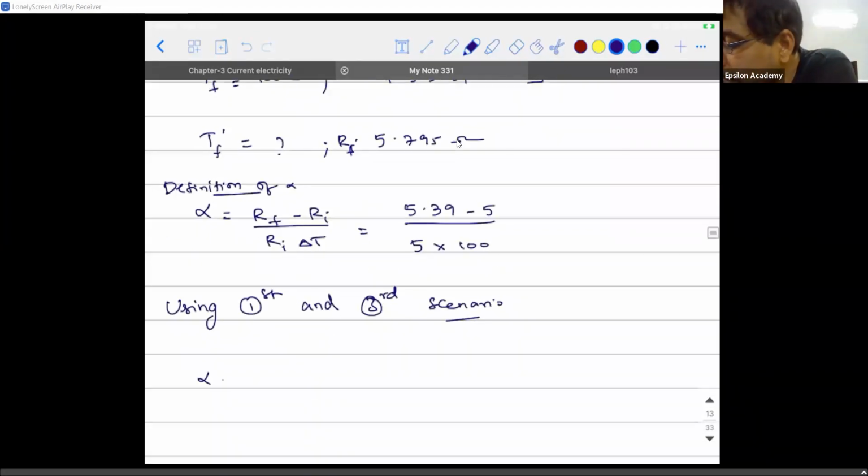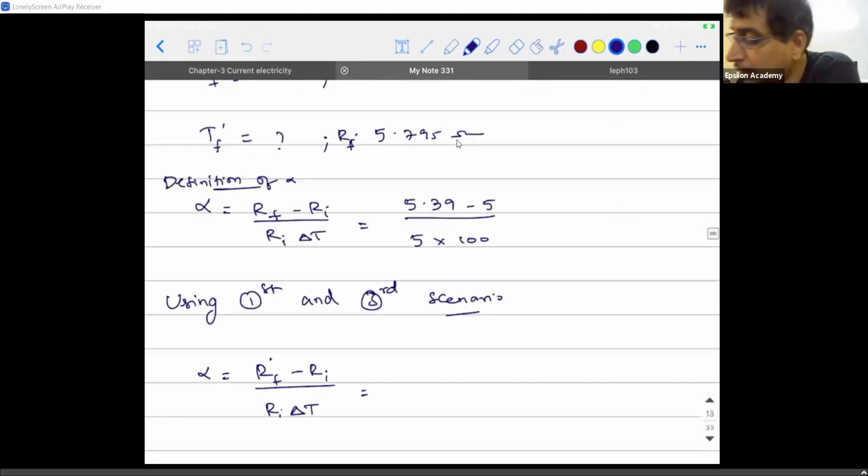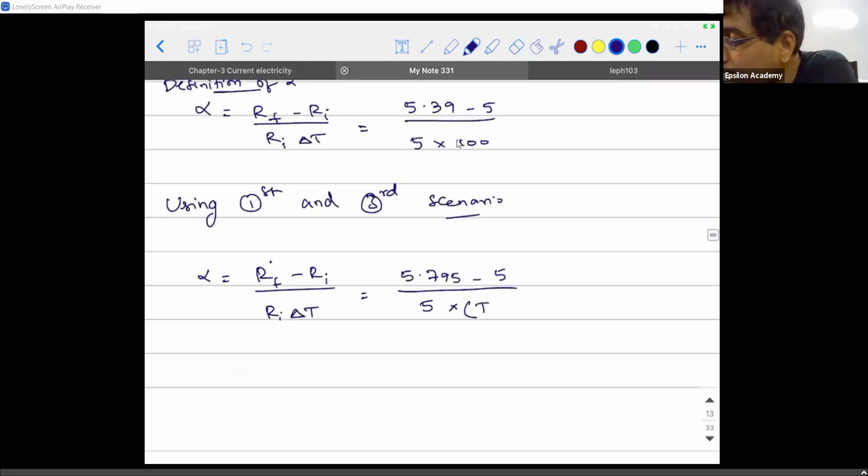Alpha can be written as Rf dash minus Ri divided by Ri into delta T. What is the Rf dash term? It is 5.795 minus 5, the whole divided by 5 into T final minus 0. Why I chose the first and the second is because T final minus 0 is going to be T final. Now my job is going to be very simple.